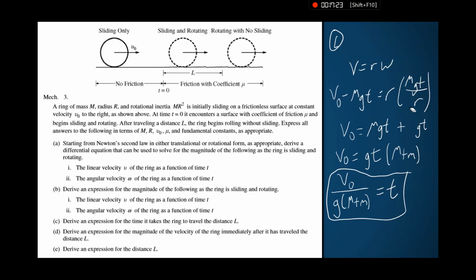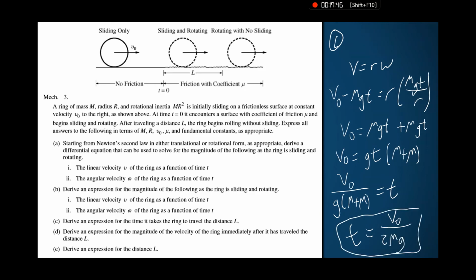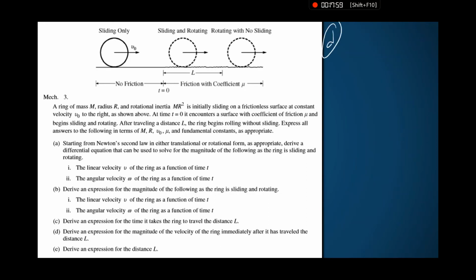This is mu. And you're mu too. Okay, so what's our t? Okay, that looks good. Okay, that was C.